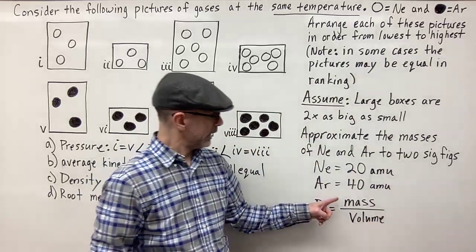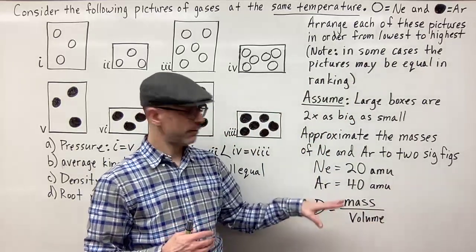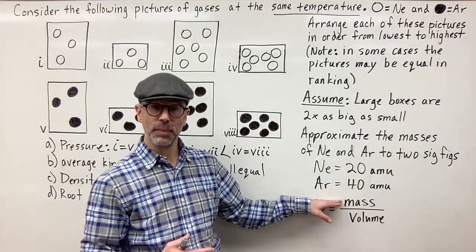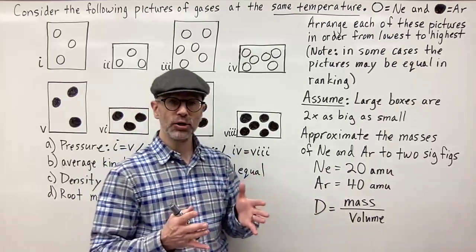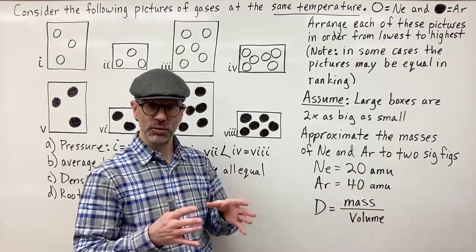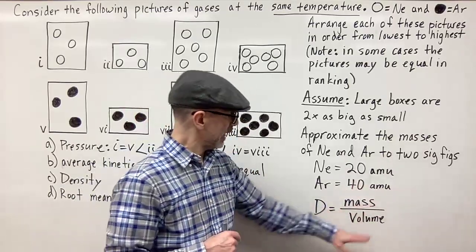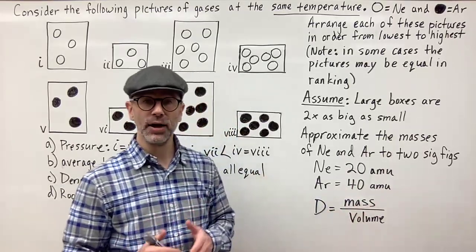Here we have to consider the mass of the particles and the number of the particles. The number of particles and the mass of the particles are going to be important for the mass part of this, and the volume is going to be the volume of the boxes.